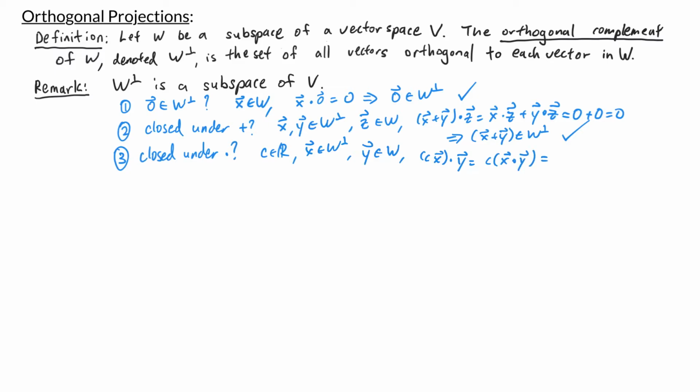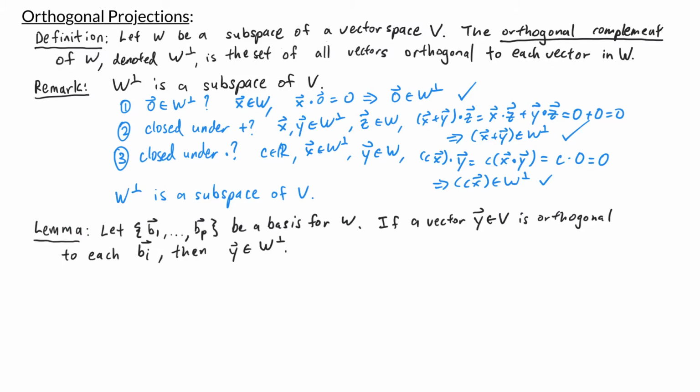Now since x is in W perp and y is in W, I know that their dot product is 0. So I have c times 0, which is 0. So c times x is orthogonal to y. So we know that W perp is closed under scalar multiplication. Since W perp satisfies the three conditions of a subspace, we can conclude that W perp is a subspace of V.